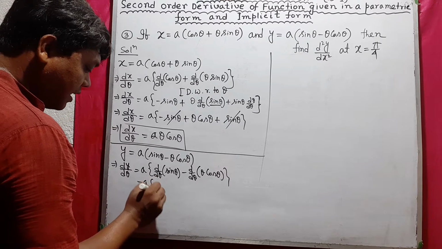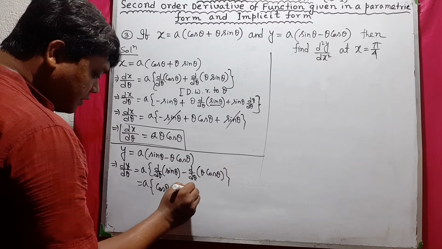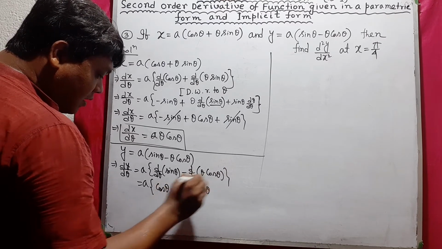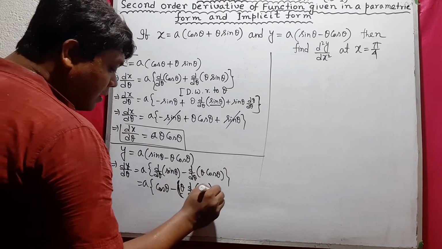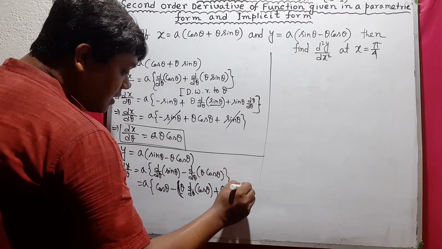So a, that is cos theta, minus theta into d/d theta of cosine theta plus cosine theta into d theta/d theta.